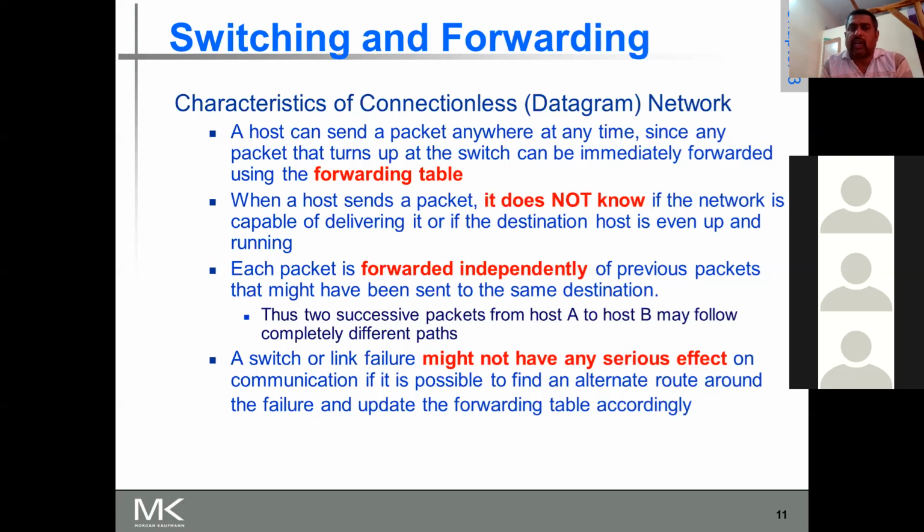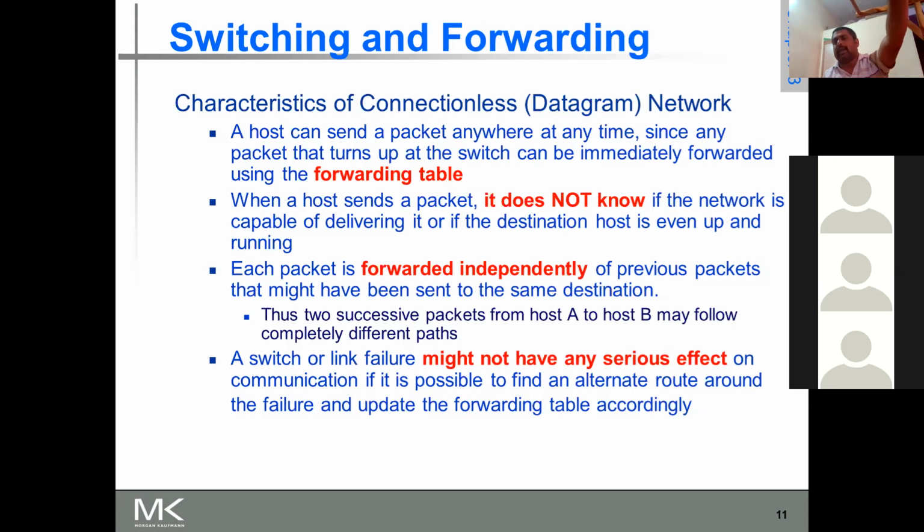A switch or link failure might not have any serious effect on communication if it is possible to find an alternate route around the failure and update the forwarding table accordingly. Here, a switch or link failure will never cause problems. Why? Because I am flooding my packet in all the ways where my neighbors are there, so it will move in all directions.